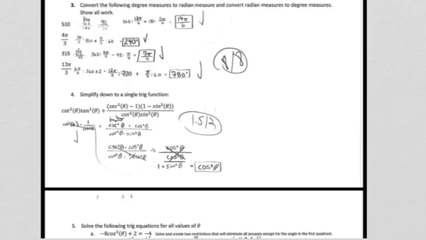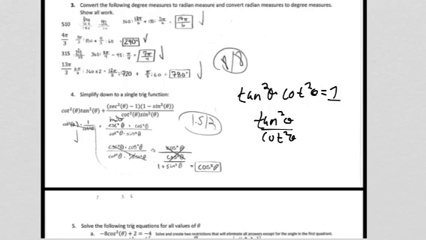So if I know tangent squared times cotangent squared equals 1 because they're reciprocals, then I can't also say tangent squared over cotangent squared equals 1, right? There's no way that both of these statements are true. Same thing here, I can't say cosecant squared over sine squared is 1 because cosecant squared times sine squared is 1. So both of those statements can't be true.